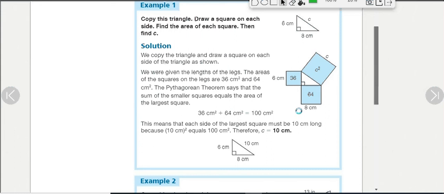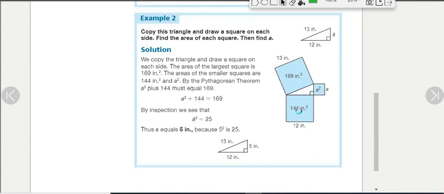And I hope you were able to draw those out and write the areas in the middle. It's true that the area of this plus the area of this equals this area, which can then give us a missing side length. That's what we're doing today. So if you draw a square on each side of this, you got 144 for an area here, but we're missing the a. We know the hypotenuse, but we can still use it.